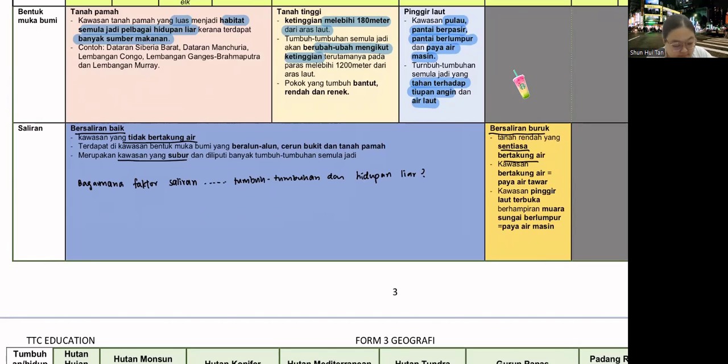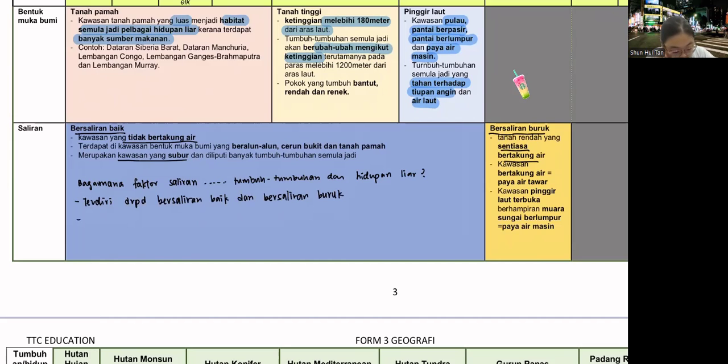Alright, then your explanation will be, saliran terdiri daripada, if it's a 4 marks question, or 6 marks. So you tell me they are terdiri daripada saliran baik dan saliran buruk. Okay, this is how you're going to answer, and then you start to explain what is baik, what is buruk.